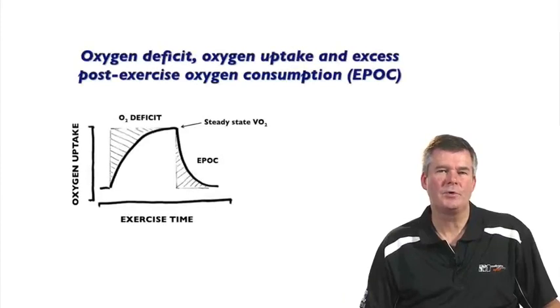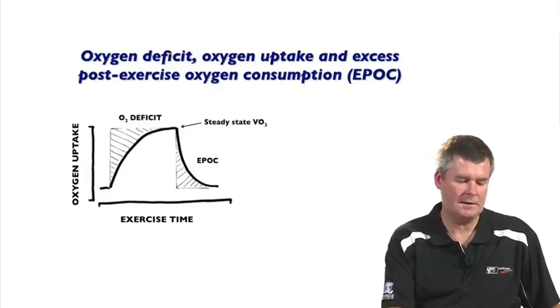If we look at the time course of changes in oxygen uptake, from rest to exercise at a given exercise intensity that requires a given oxygen uptake, we refer to this as the steady state. We can look at the kinetics of the increase in VO2 with exercise and the decrease in VO2 after exercise.